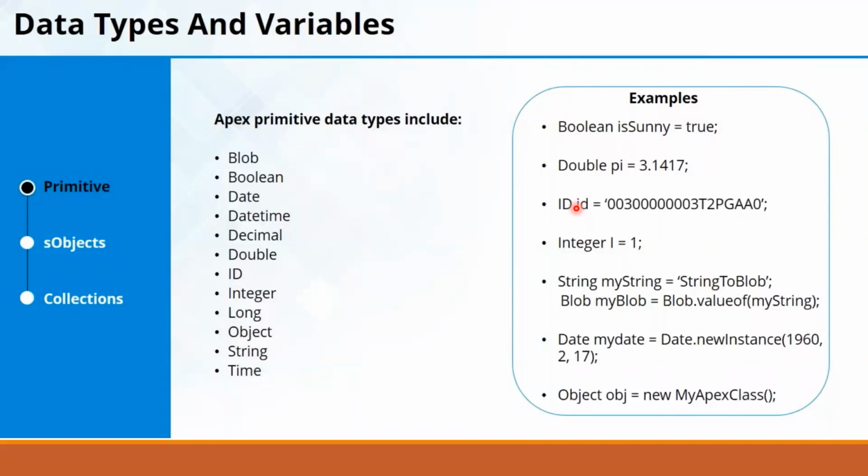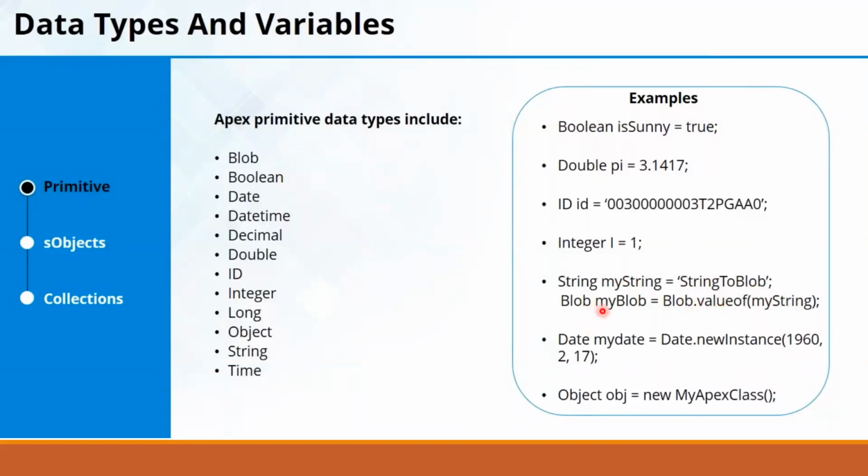Blob. Next is blob. Blob is used when you want to create an attachment. Attachment means, let's say, if you want to create a text file or PDF file, everything you are going to store in the form of blobs. So if you want to create any attachment, we can take some string, convert it into blob, and put it as an attachment. I'll show you an example.